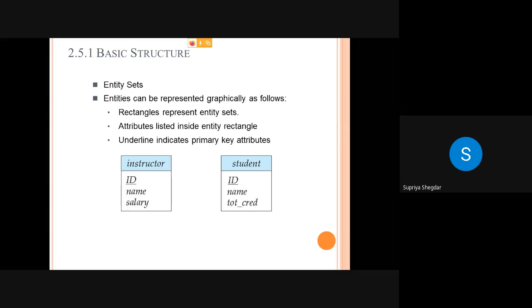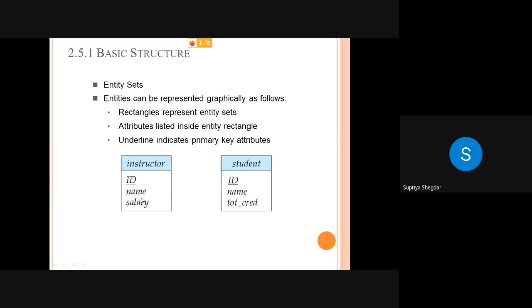Okay, then in the ER diagram, the very first point is the basic structure of the ER diagram. In the ER diagram, the entity and the entity set are represented with the help of a rectangle. Means this rectangle is nothing but the entity set. So here instructor is one entity set and student is another entity set.